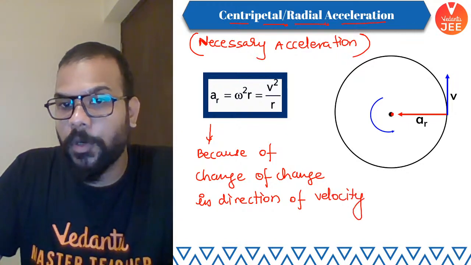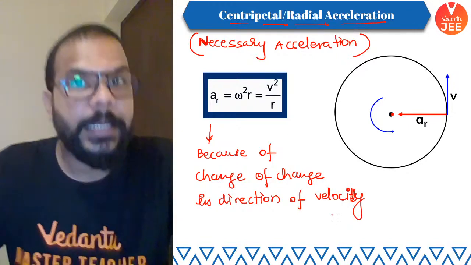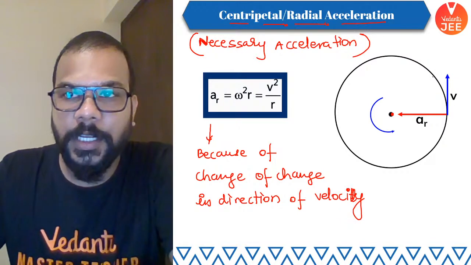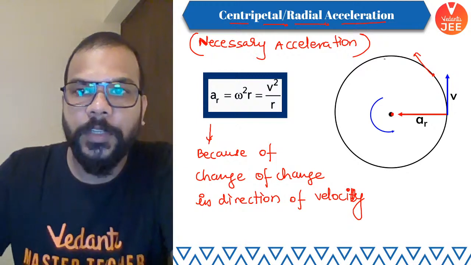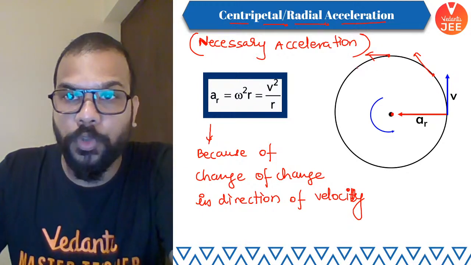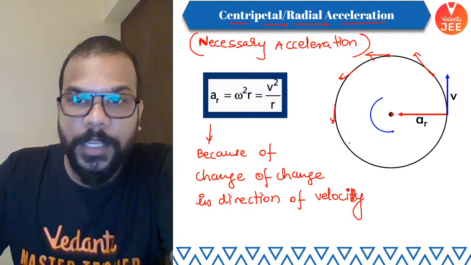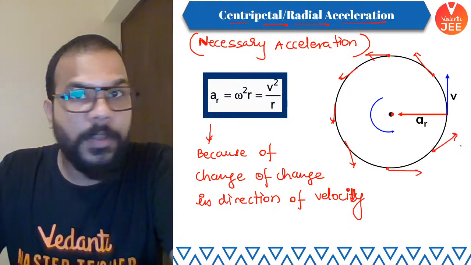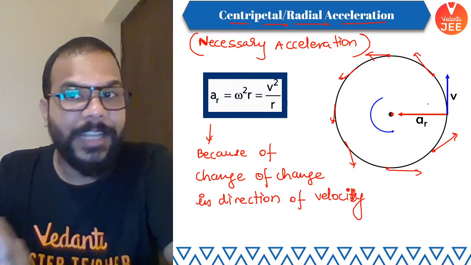And we are talking about linear accelerations. If your body's velocity is changing continuously like this, which is inevitable in a circular motion, the body's velocity has to change at least in terms of direction. Even if the magnitude is not changing, the direction has to change.